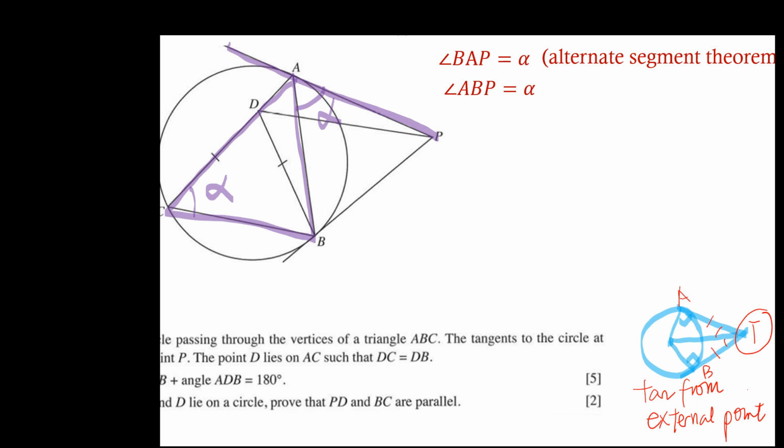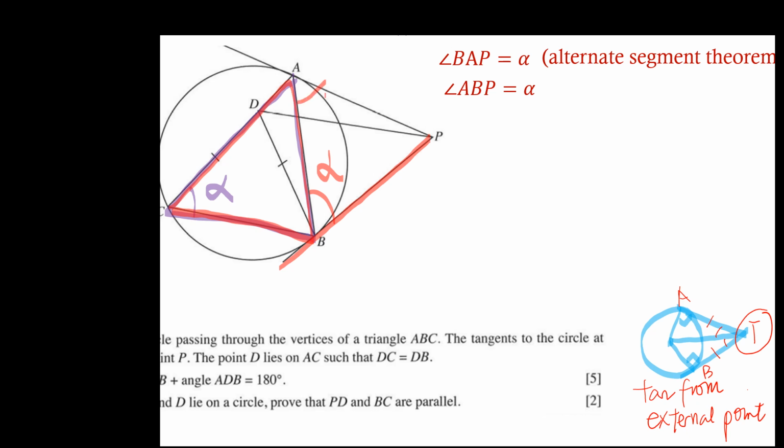If you were to look at the other triangle, the other tangent line here, and look at the same triangle that we are talking about, can you see that this is also alpha?